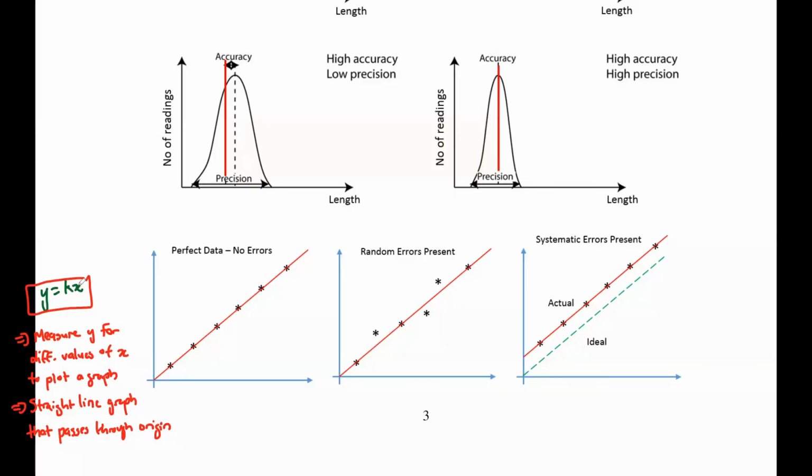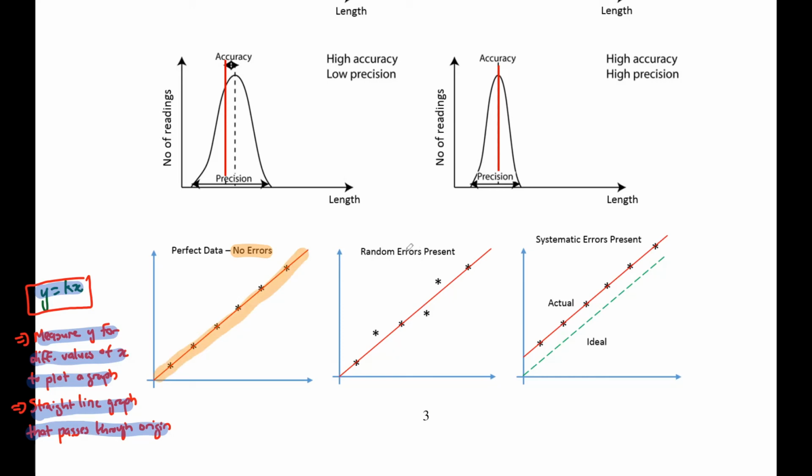In our last example, let's consider a relation y = kx. We measure y for different values of x to plot a graph. If our relation is valid, we should get a straight line graph that passes through the origin. If our measurements have no errors, no random errors, no systematic errors, we will get a graph that looks like this. All the points will form a perfect straight line.